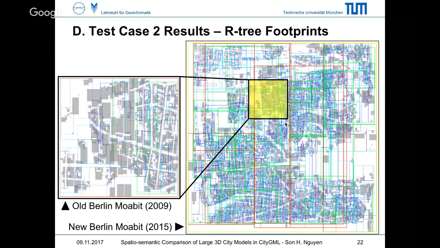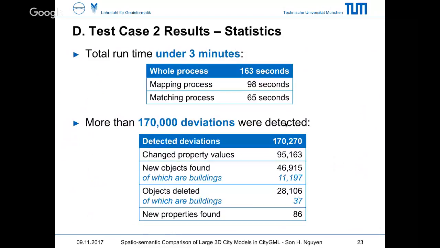The older CityGML dataset is much smaller than the new one, so we expect many deviations. The test takes less than 3 minutes to complete, and we found more than 170,000 deviations, of which we see 11.2 thousand new buildings, and 40 buildings are deleted from the older model.